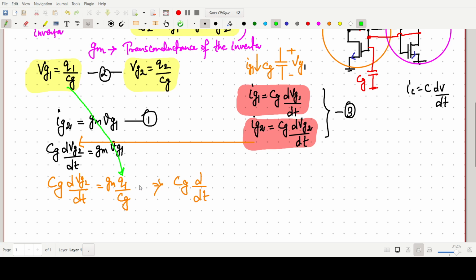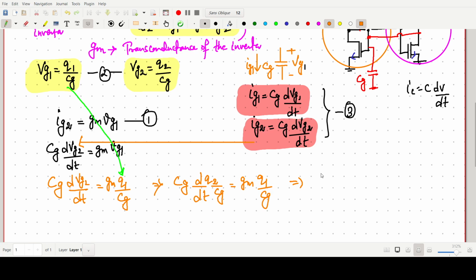Now Vg2 is Q2 by Cg, equals Gm times Q1 by Cg, and this Cg cancels out.